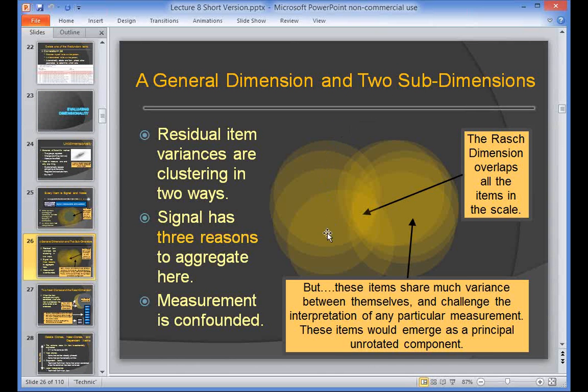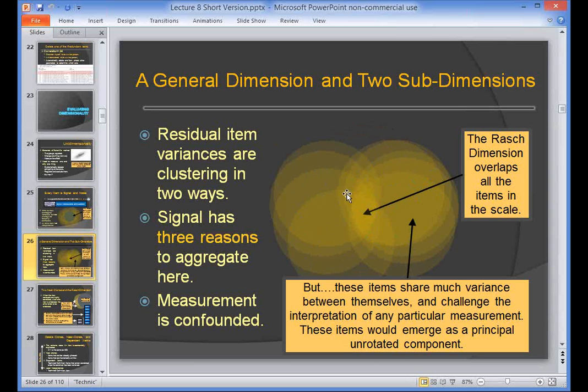So if you look at the way these item variances are arranged, each circle is one item, and you can see here that there are basically three dimensions. There are two subdimensions: a strong factor over here, and a somewhat weaker factor over here, and yet the items do overlap and the signal is accumulating in the middle. So the items here have got three reasons to aggregate.